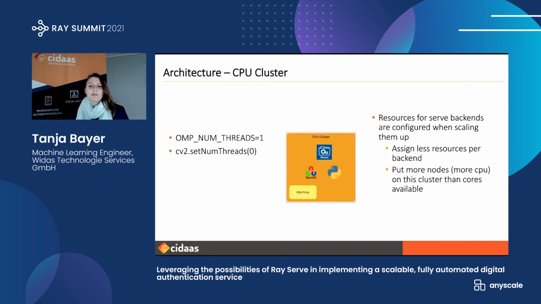And thereby this static nature would mean that we would need to block more resources than the ones which would actually be used by one process. And that would mean we would need to have more CPUs in our cluster than really required. So for overcoming this issue, there were two possibilities.